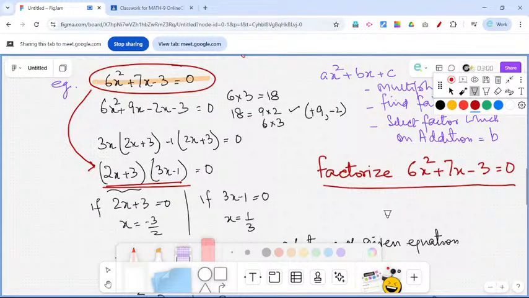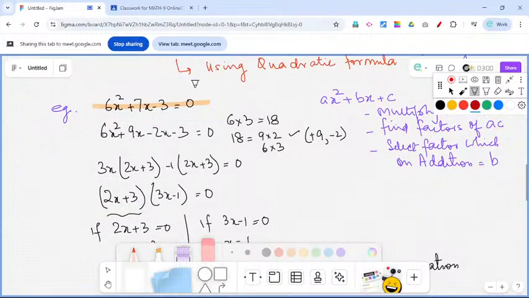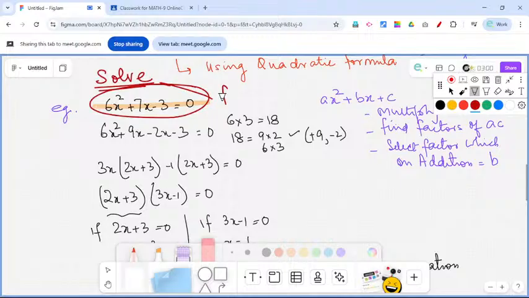Is it clear? That means you have solved the quadratic equation. ये quadratic equation ये था, इसको क्वेश्चन क्या था, you had to solve. Solve का क्या मीनिंग होता है, you have to find the value of the variable x. And what did we do?